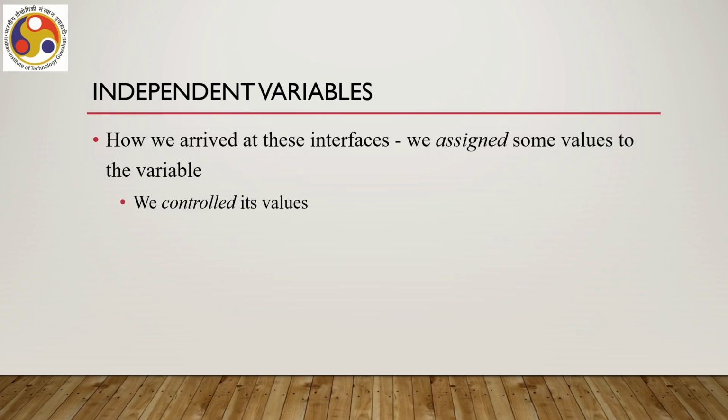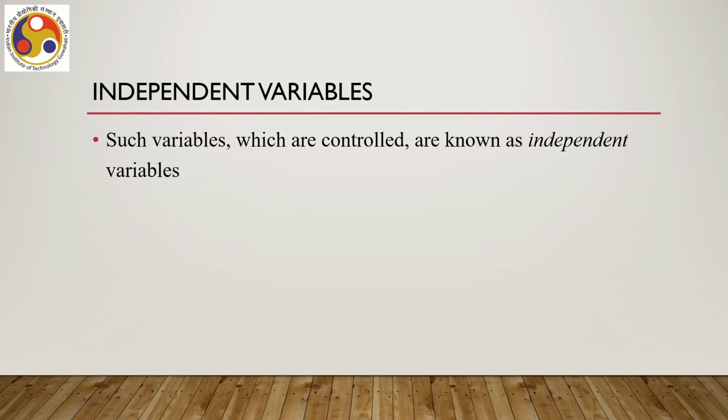So, how did we arrive at these interfaces? We assigned some values to the variable, we controlled its value. So, the variable here is interface. Interface is a variable where we assign the values, our interface vis-a-vis the MS Word interface. So, two values we assigned, we controlled its values.